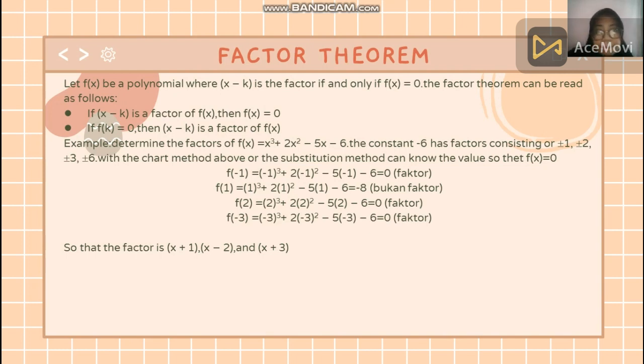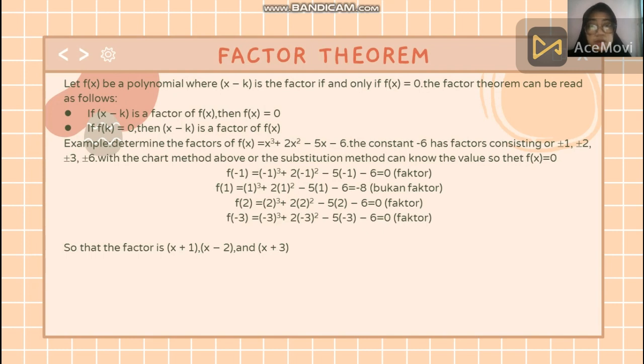f(1) equals 1 to the power 3 plus 2 times 1 to the power 2 minus 5 times 1 minus 6 equals minus 8. This means it is not a factor.